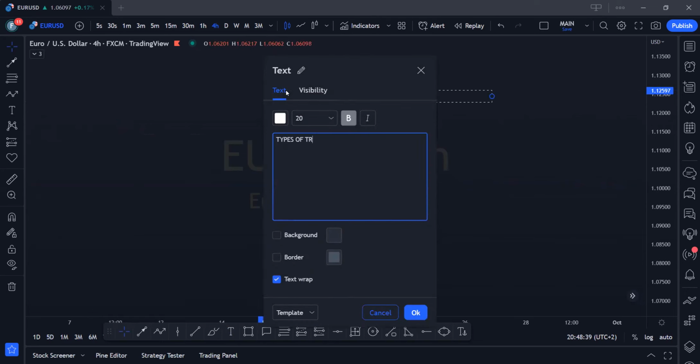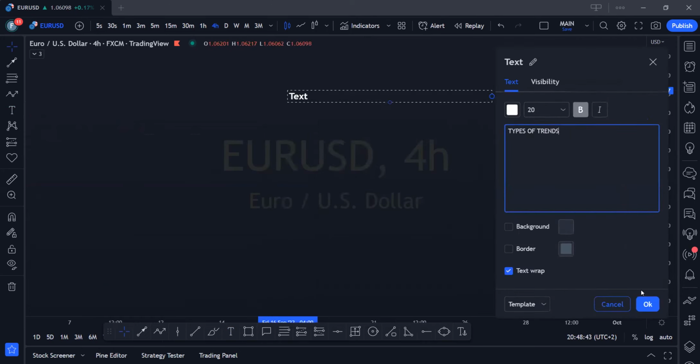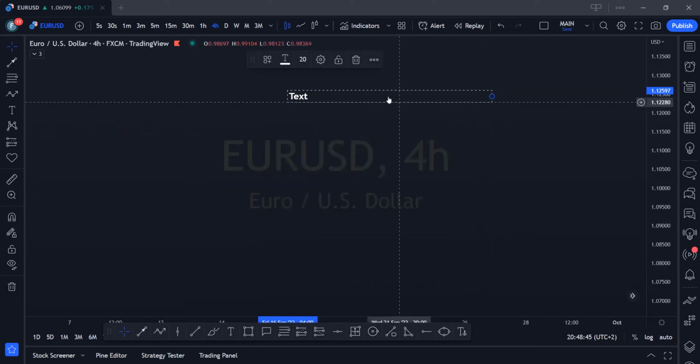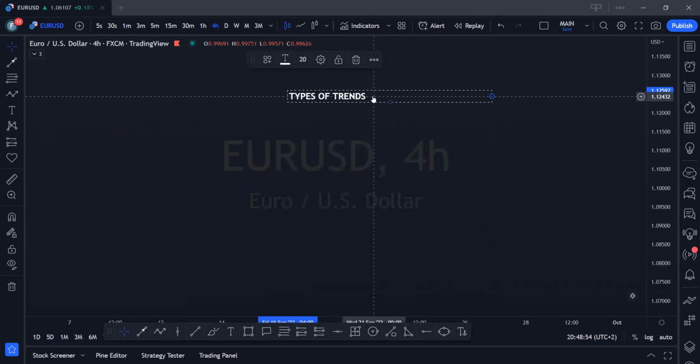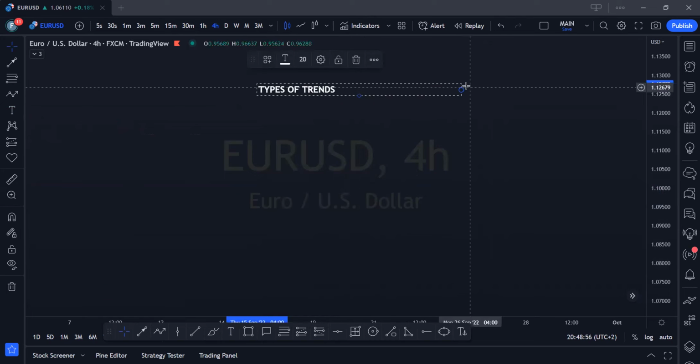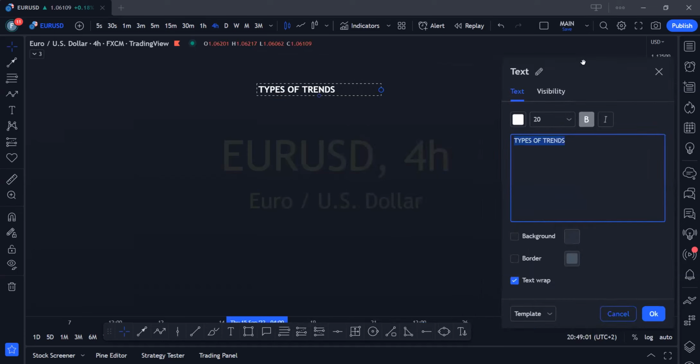Types of trends. Trends, in essence, talk about the types of market direction. So we have two major types of trends. We have uptrend and downtrend. So price will either be in an uptrend or in a downtrend.